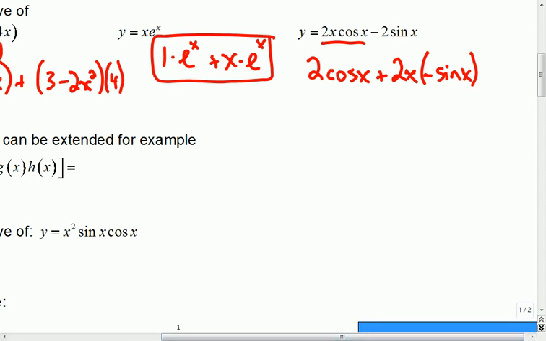And so far all I did was this one piece here. I haven't done the whole thing. So now I have to take away 2 times the cos of x. So if I collect some like terms, that leaves me with negative 2x sine x.